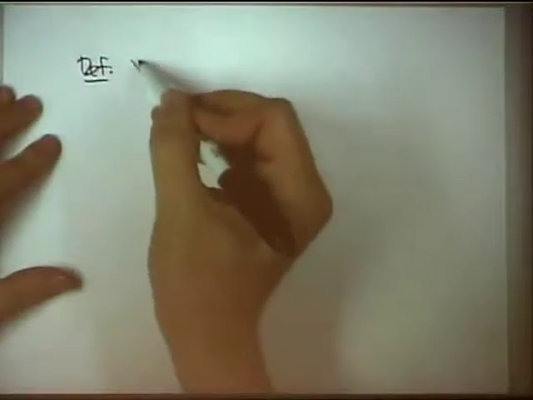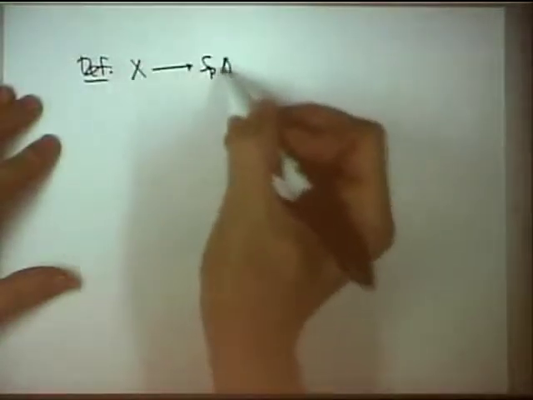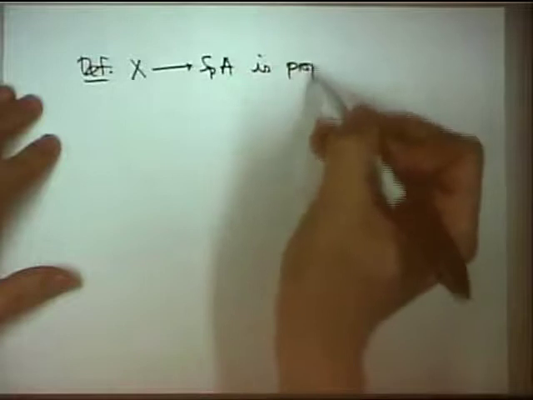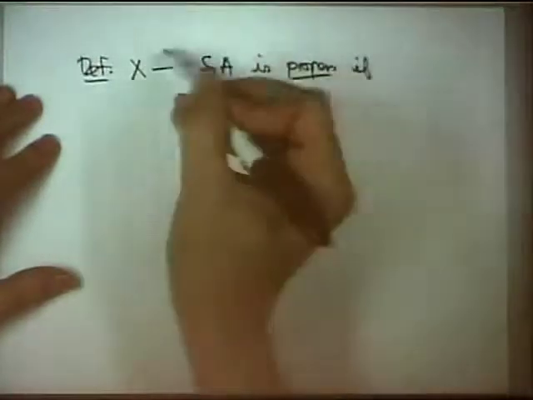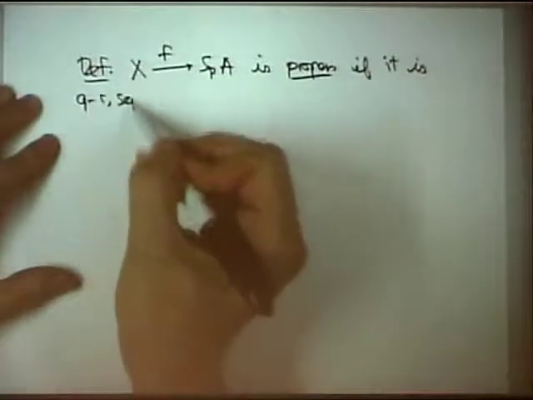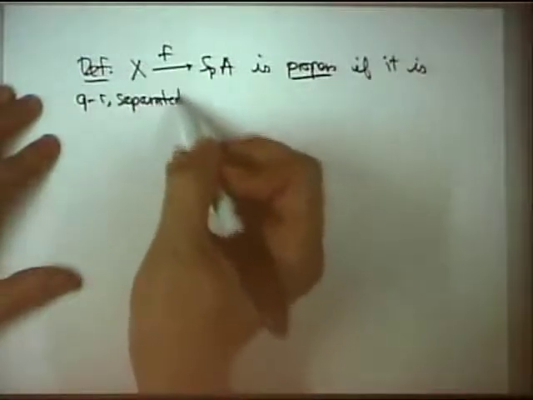So definition, let me just define it in the case when the base is affine. If I give you a map to an affine base, I say that this is proper if it is quasi-compact and separated, of course.